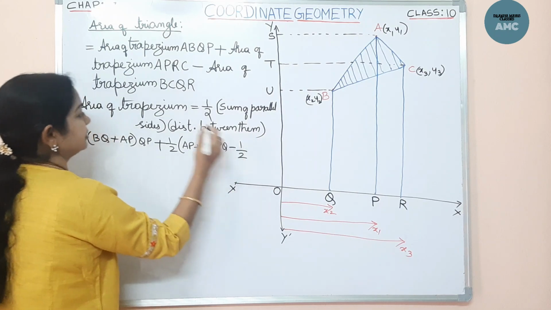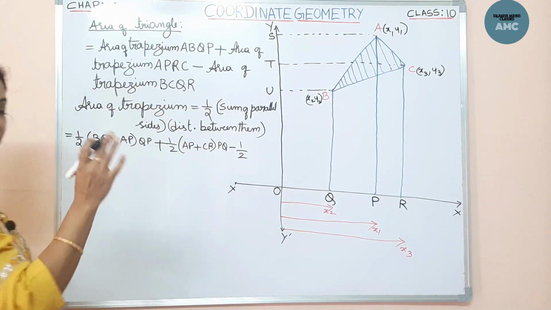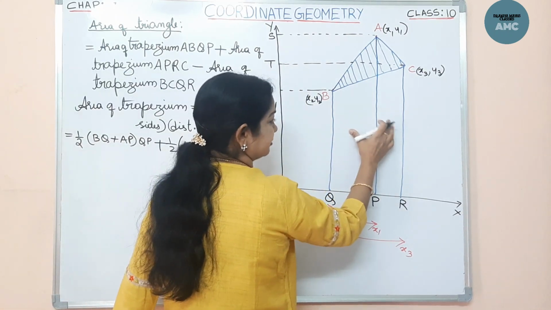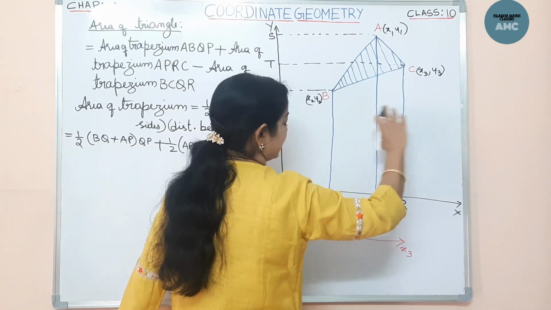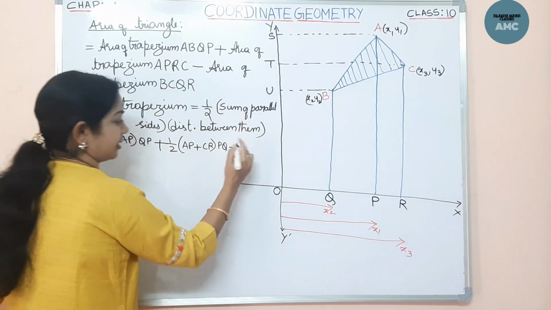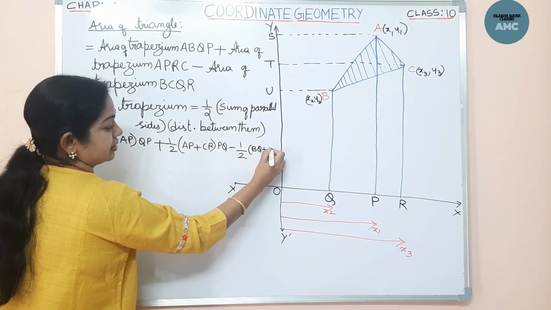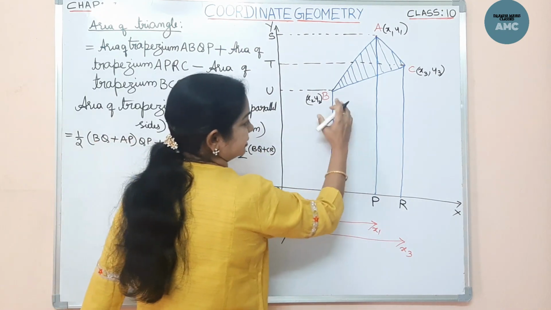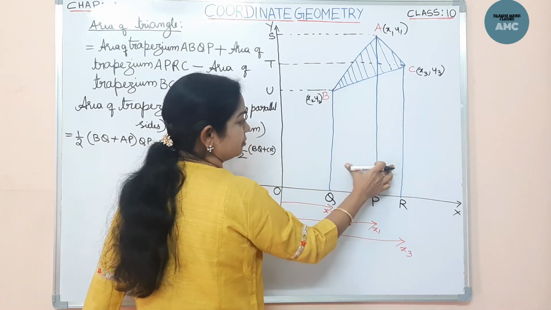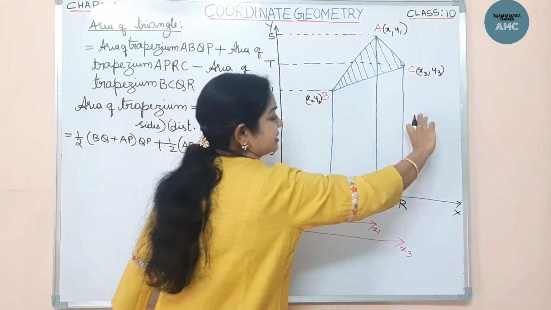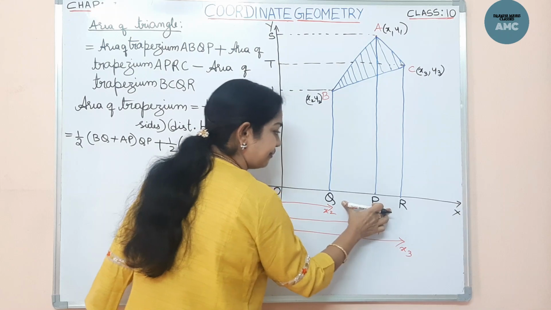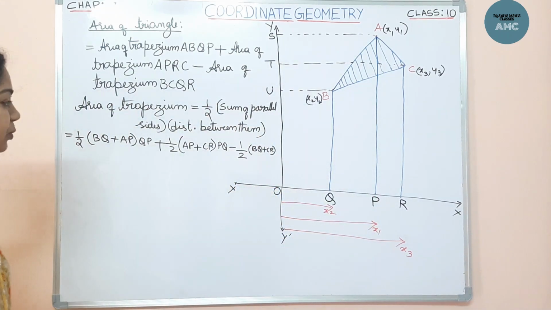Subtracted by the unshaded trapezium, this complete trapezium, okay? So the sum of the parallel sides are BQ plus CR, and the distance between them is QR, okay?